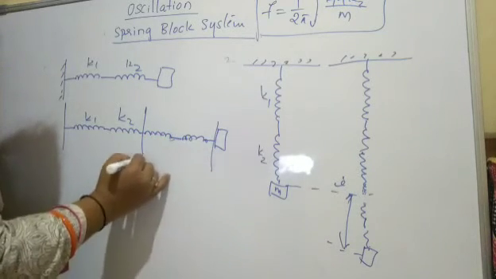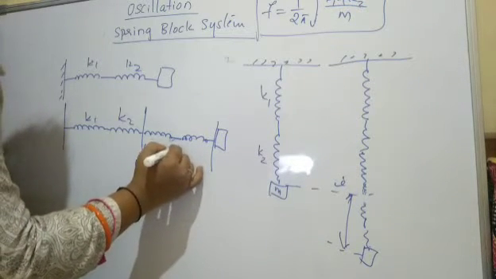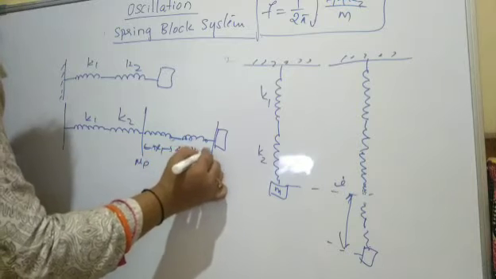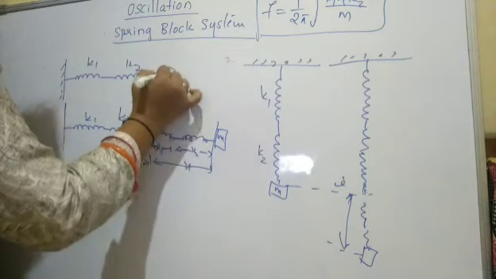This is the mean position, this is the displaced position, where we can say x1 here, x2 here, and the complete displacement of the body is x.